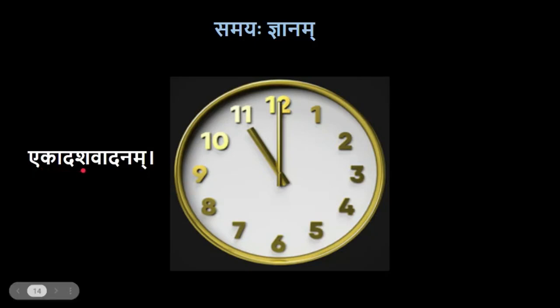Ekadashavadanam. Ekadash means 11. The Hora, or the hour hand, is on 11. Nimeshaha, the minute hand, is on 12, Dvadashan. So we can say the time in Sanskrit is Ekadashvadanam, that is 11 o'clock.